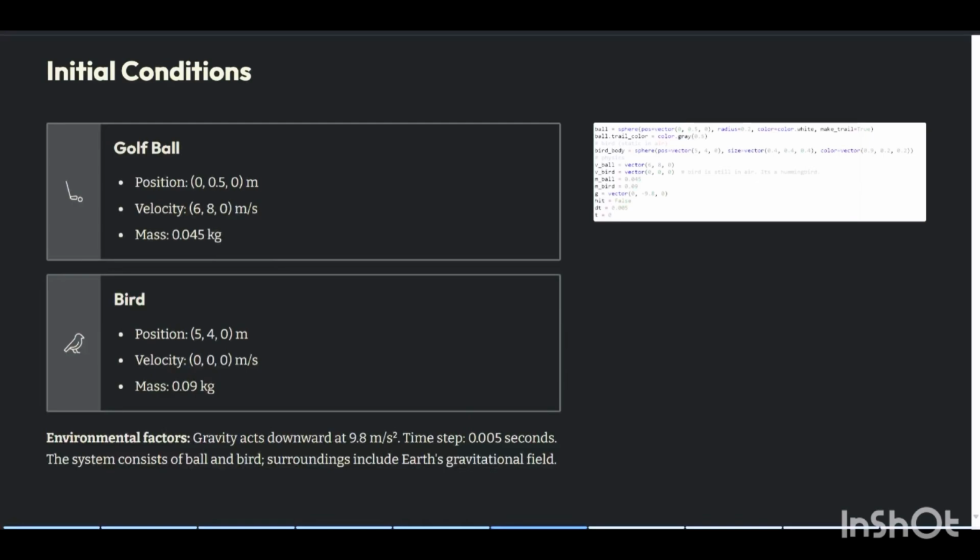The ball has a mass of 0.045 kilograms, and the bird has a mass of 0.09 kilograms. Gravity acts downwards at 9.8 meters per second squared, and the simulation updates in a time step of 0.005 seconds. The system consists of the ball and the bird, while the surroundings include the earth, which exerts gravitational force, with other external forces neglected.